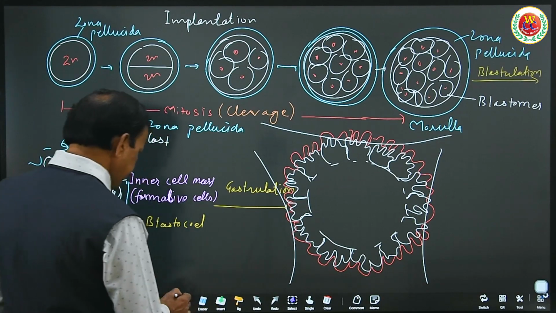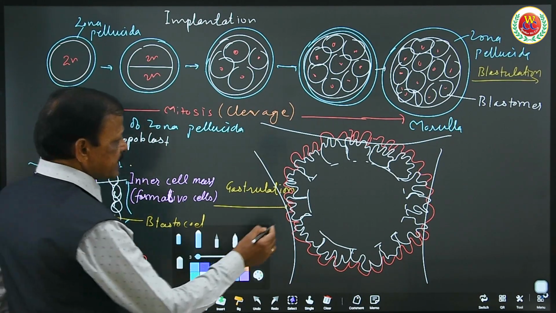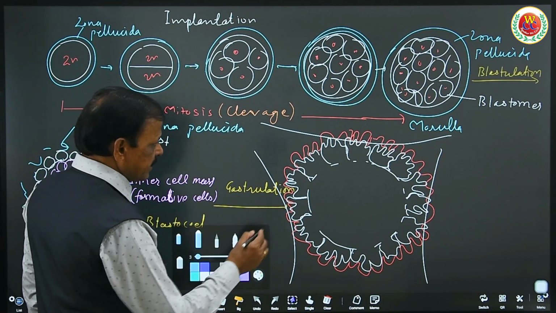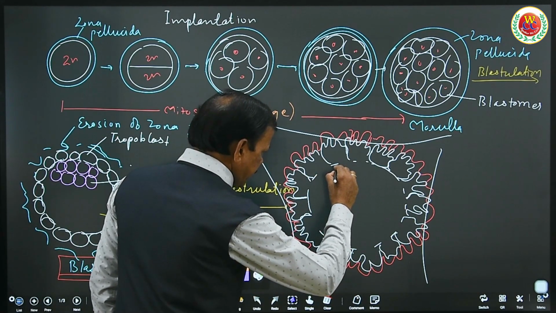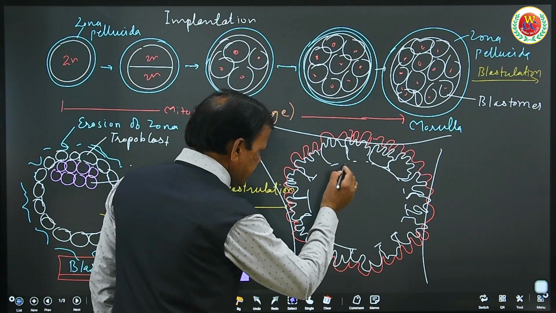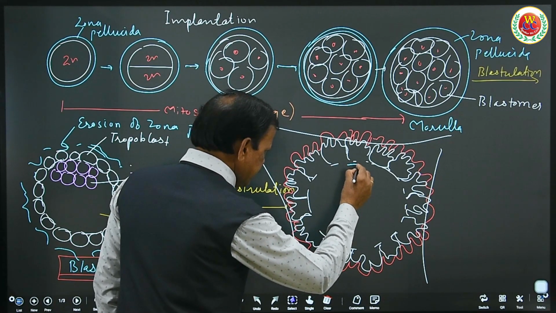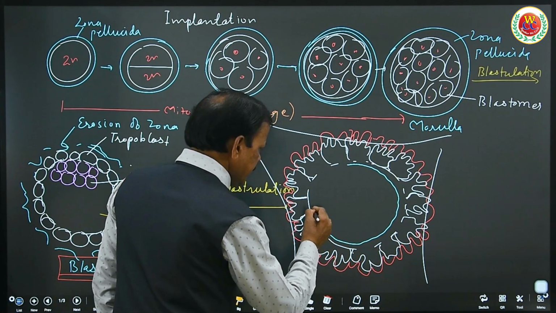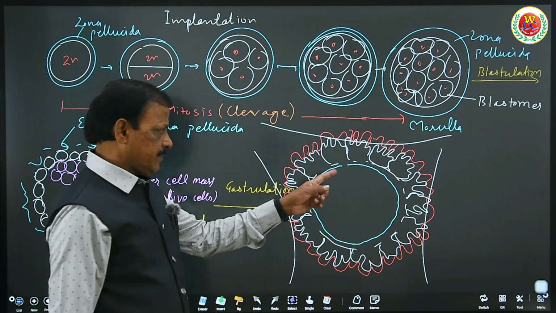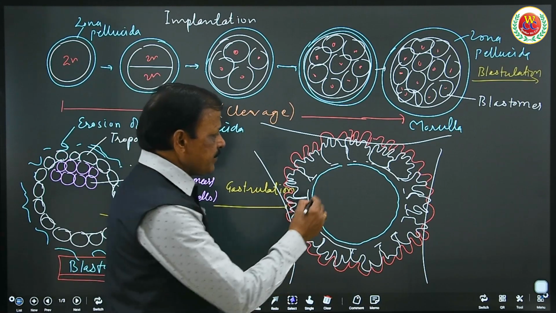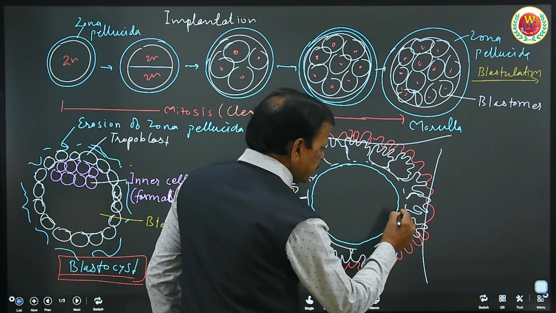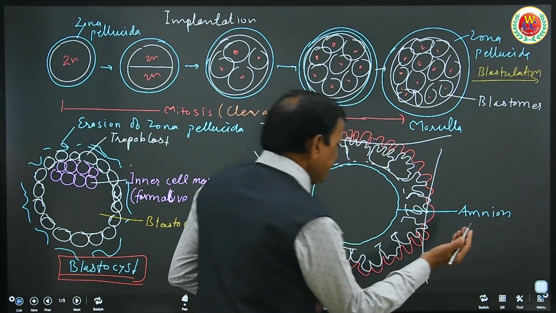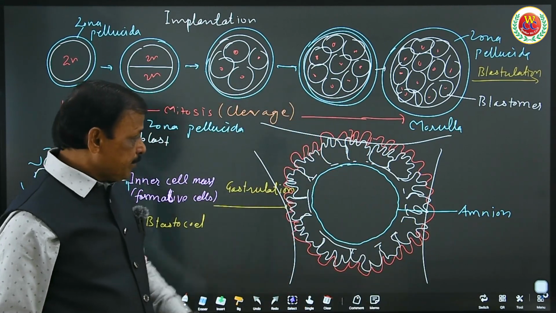At the same time, inside the inner cell mass, the very first layer of cells, present towards the upper, outer part, forms the amnion with amniotic fluid to protect the developing embryo within.